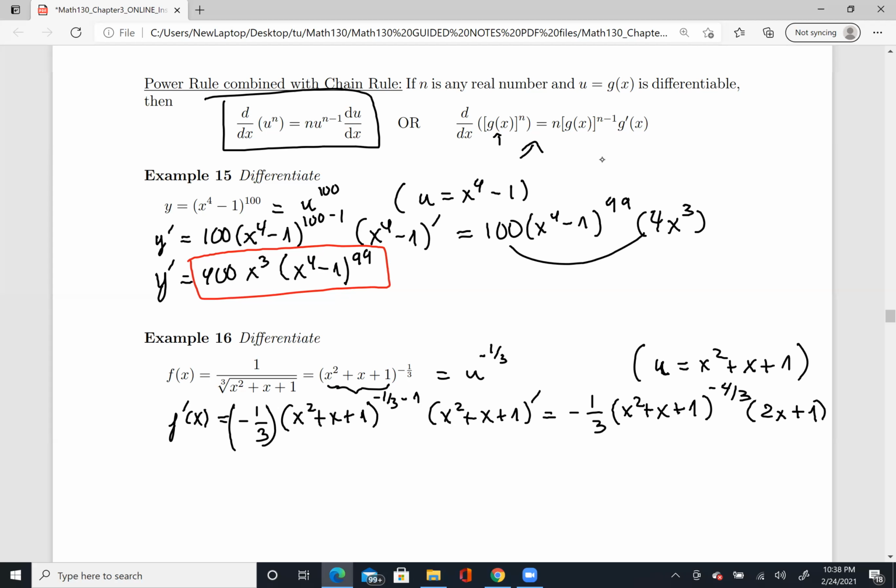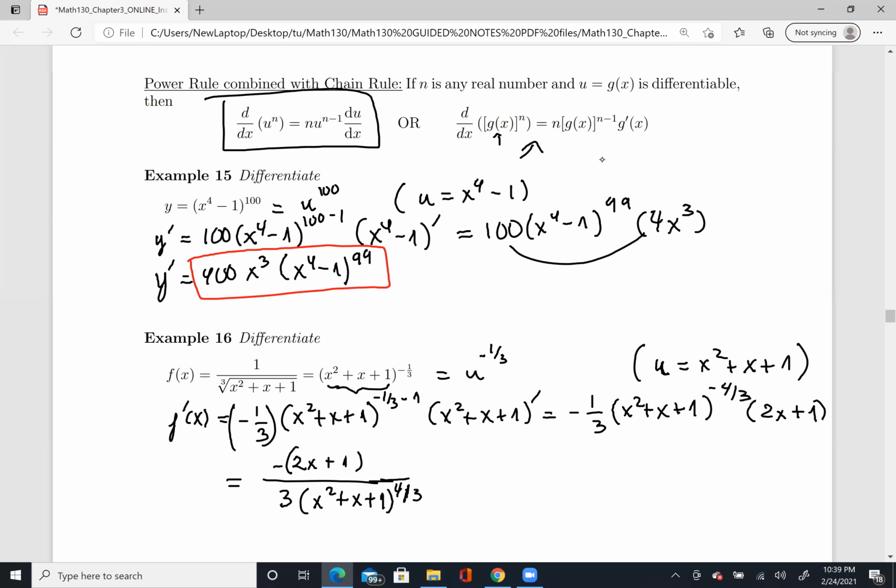But if you like to write it in rational form, you can write it as negative (2x plus 1), don't forget the parentheses, divided by 3 times (x squared plus x plus 1) to the power 4/3.